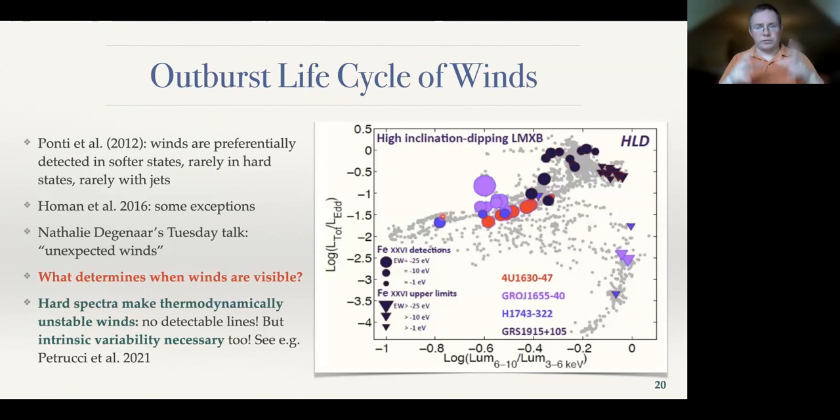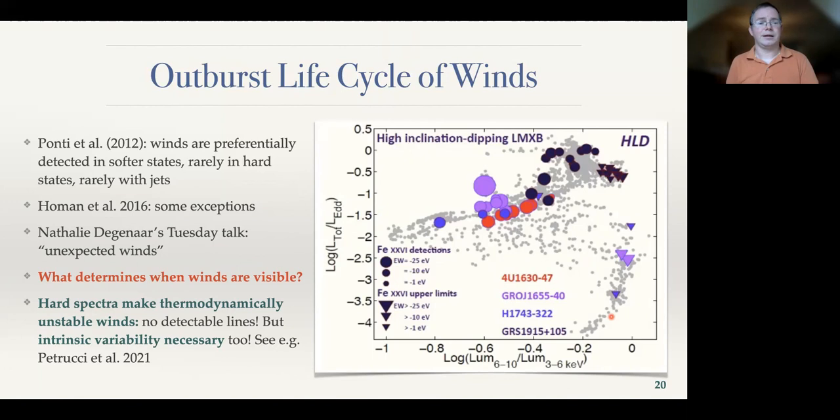So we have this life cycle of winds, as I like to call it, this pattern of observable absorption features in black hole outbursts. And Gabriele Ponti showed that winds are preferentially detected in softer states, rarely in harder states, and rarely in association with jets. Now, Jeroen Homan has a paper from 2016 where he gives some exceptions to that already.